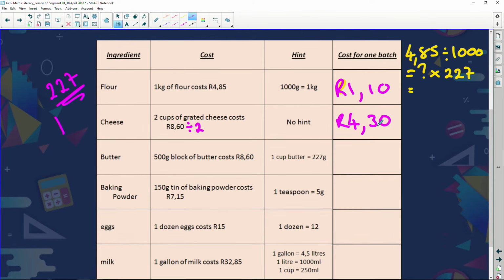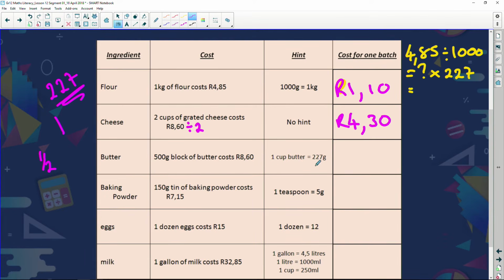All right. Now, butter. And my recipe stated for butter, I need ½ a cup of butter. All right. Now, look at this. 1 cup of butter weighs 227 grams. So how much butter do I need? Well, I only need ½ a cup, not a whole cup.